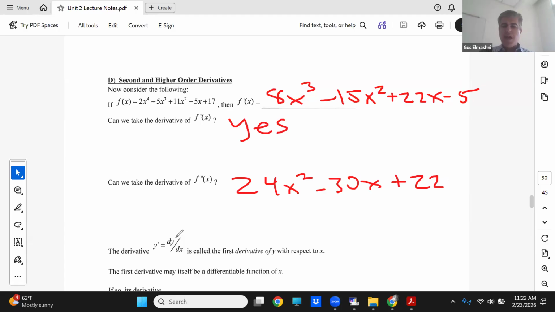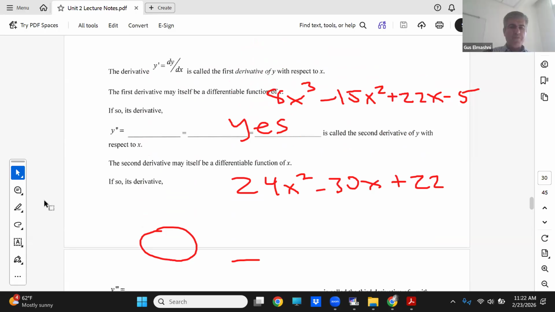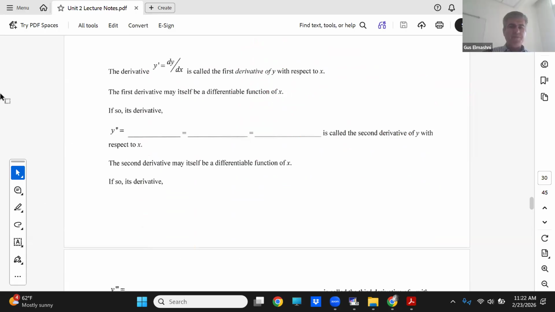So the derivative, we kind of think of as dy over dx or y prime, is called the first derivative of y with respect to x. And the first derivative may itself be differentiable as well, meaning you could do it again. If I do it again, it could look like this. There are a few ways it could look. You could say d/dx of dy/dx.